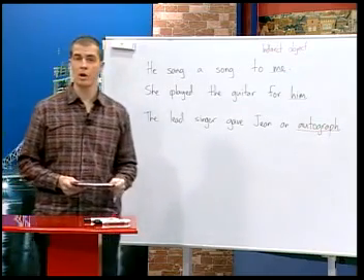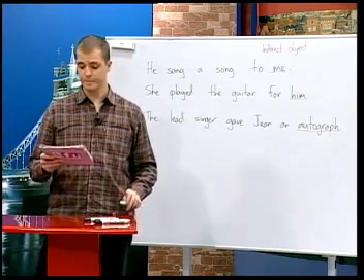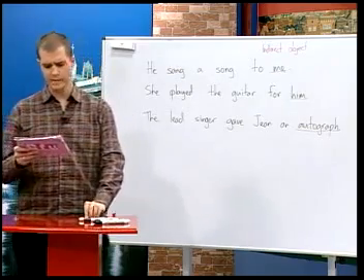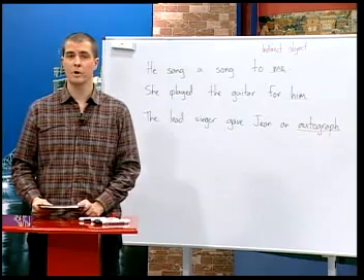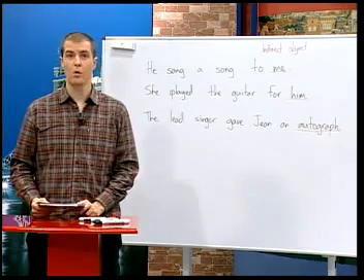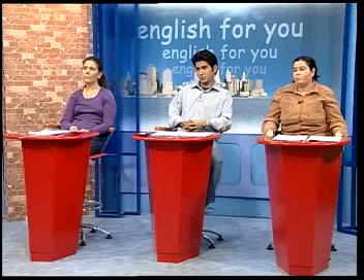Sentences can also have complements. These usually come after a verb. Now, these words give us information about the subject. A complement is often used with the verbs be, seem, or look. So let's have a look at some of these now. Complements.